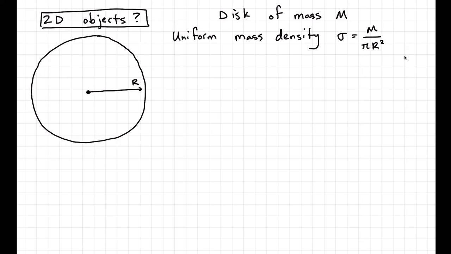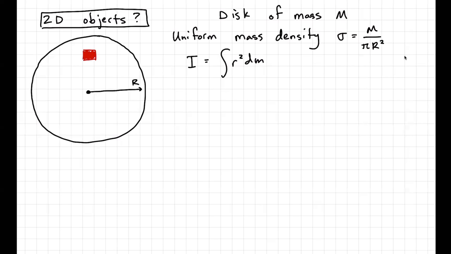So how do I approach calculating the moment of inertia in this case? So I've got this integral expression r squared dm. The way to approach it is really the same. The mechanics are a little bit different, but the idea is the same. So I'm going to choose a dm. Here's a dm that we're going to look at. So this is a little bit of mass, infinitesimal mass. And the goal will be to figure out how to represent that mass.